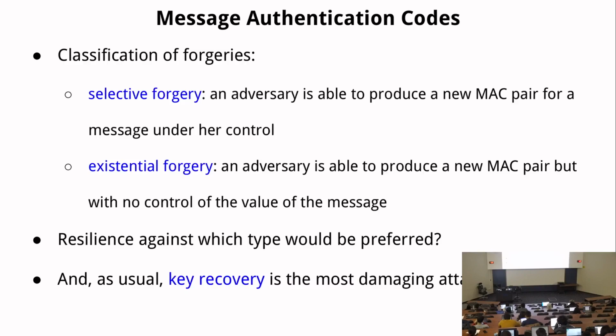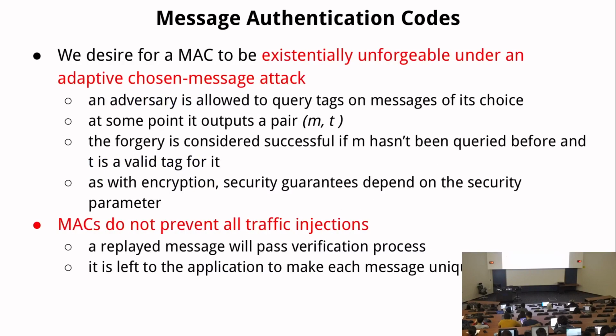Most algorithms try to provide existential unforgeability under the adaptive chosen message attack model. So most algorithms are designed with this in mind, not higher goals, because they are too difficult to achieve. However, like I said, MAC can achieve two things. One is the integrity of the message. Another one is the authenticity of the message.